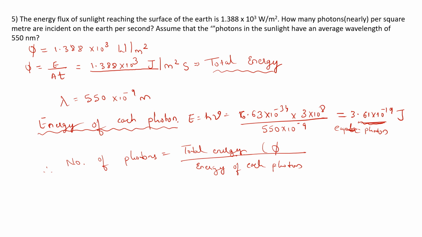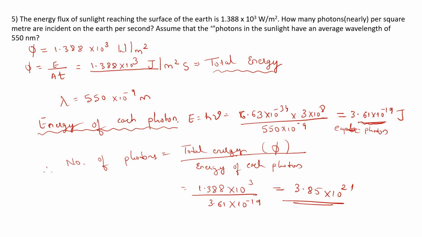Total energy is nothing but the flux, that is 1.388 into 10 to the power 3 whole divided by 3.61 into 10 to the power minus 19. If you calculate this, the number of photons emitted is 3.85 into 10 to the power 21. This is about the fifth question.